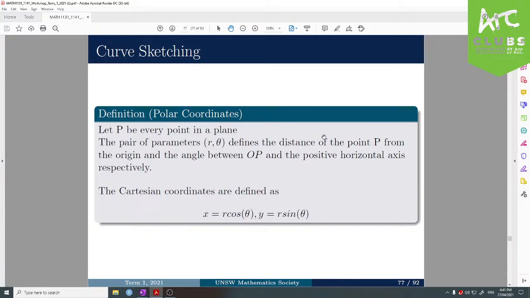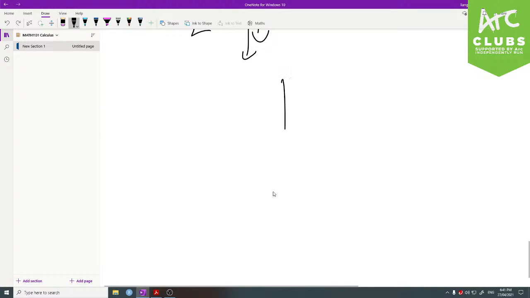Polar coordinates are a different way to define points on a plane. Let P be any point on a plane; the pair of parameters r and theta define the distance that the point P is from the origin, and the angle between the segment OP and the positive horizontal axis. On the xy plane, say we have a circle with radius r.